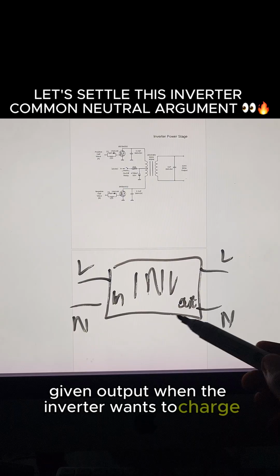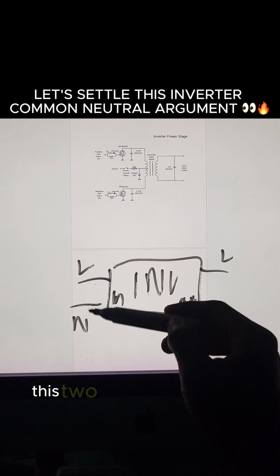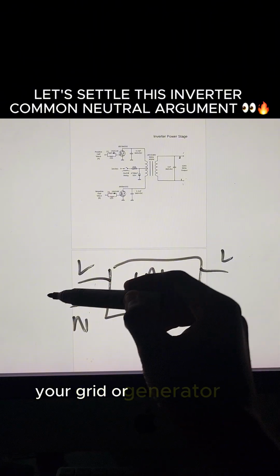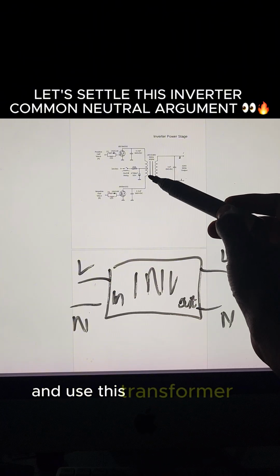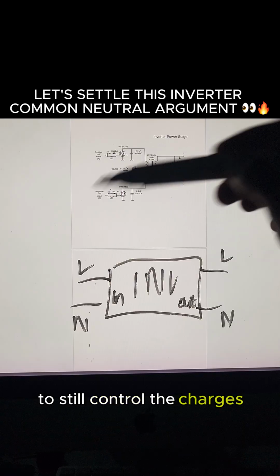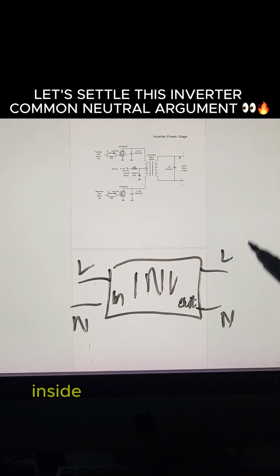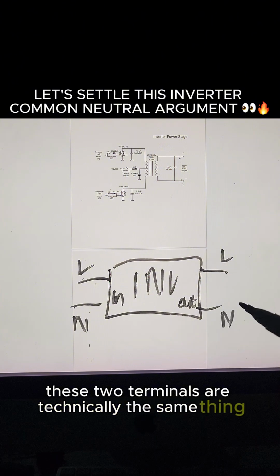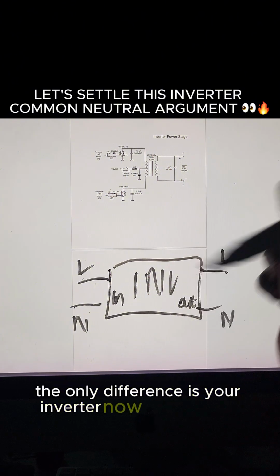When the inverter wants to charge, what still happens? These two parts is to these two parts where your mains, your grid or generator will come in and use this transformer to charge your battery, using this MOSFET to still control the charges that is going to your battery inside the inverter. You see that these two terminals are technically the same thing. The only difference is your inverter now has a switch.